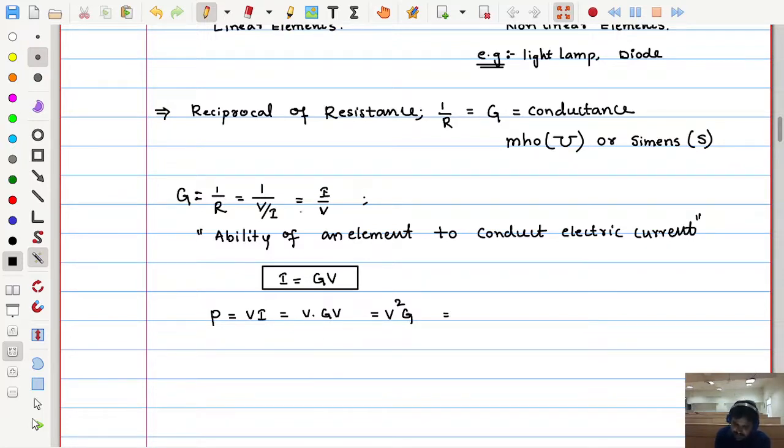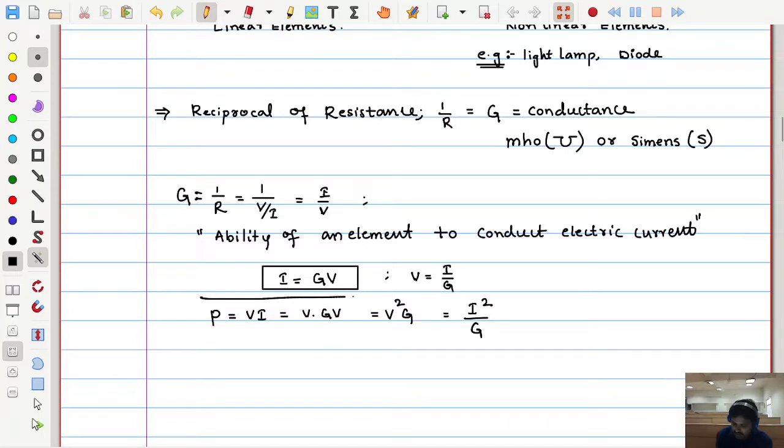We can also substitute V is equal to I by G in the first expression. What do we get? I square by G.